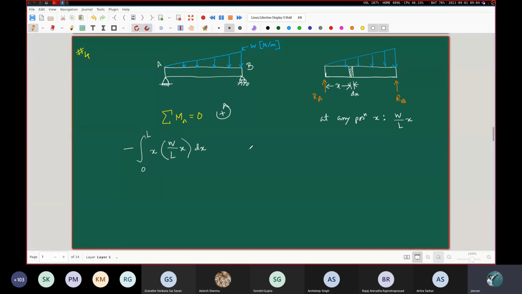And what is the contribution to the moment by this force RB? RB into L, of course, as we understand this entire length is L. RB into L, that is positive or negative? Positive. Okay.